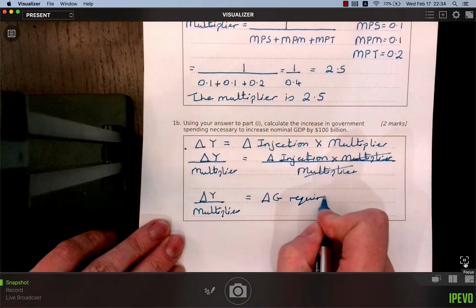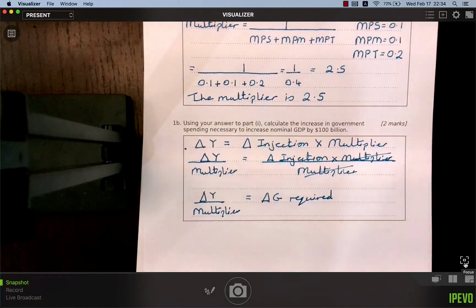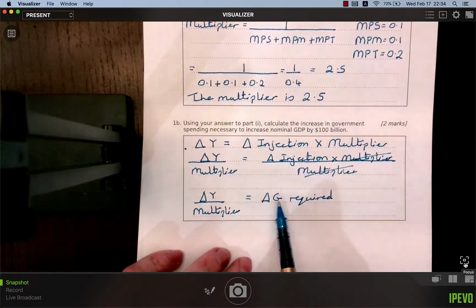Just a simple bit of maths. Instead of injection, I've labeled it as the change in government spending.